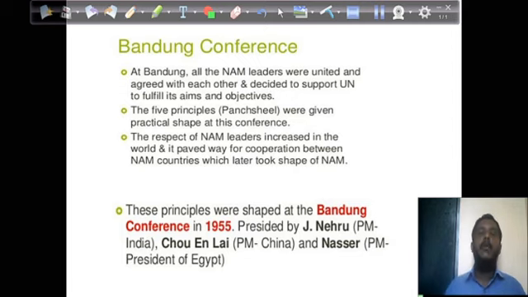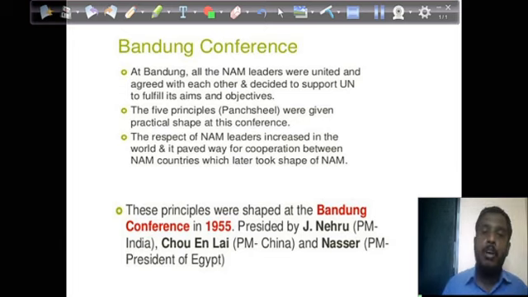Now we are trying to understand the formation of NAM. Though this idea was put forth by Nehru, the first conference or the first incident that led to the emergence of NAM was the Bandung Conference, which was held in 1955 in Bandung in Indonesia.